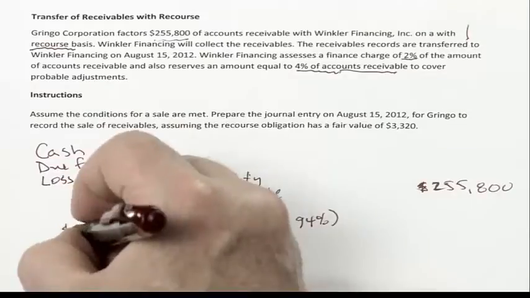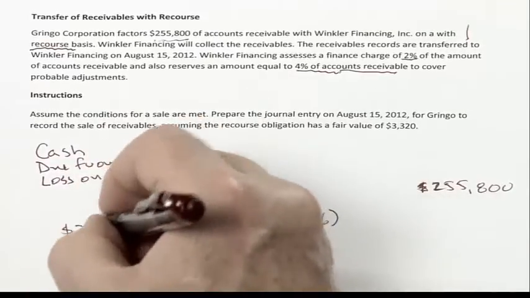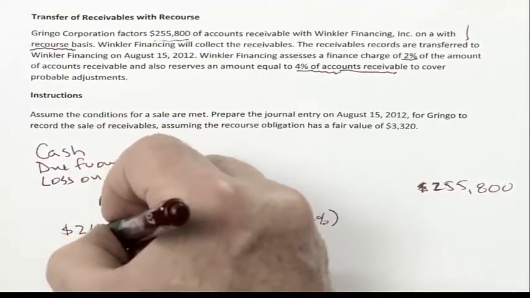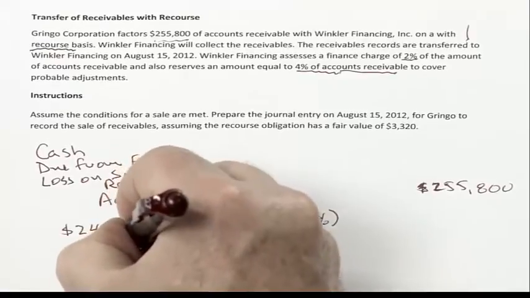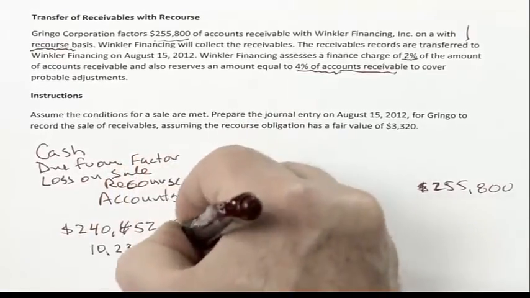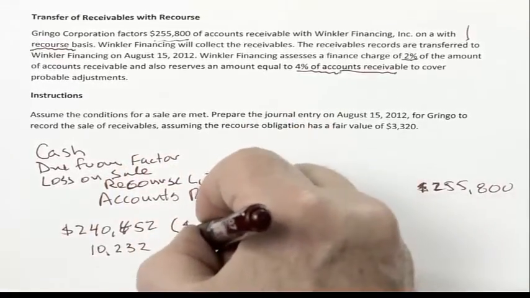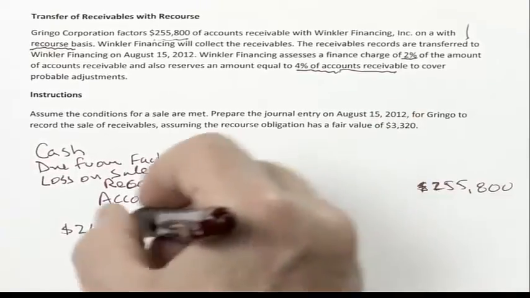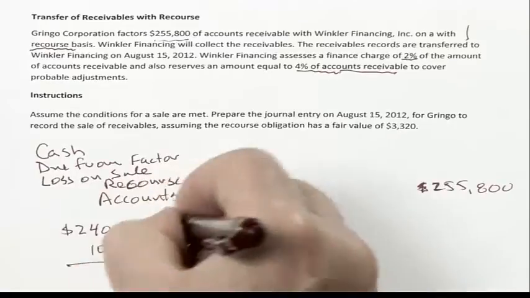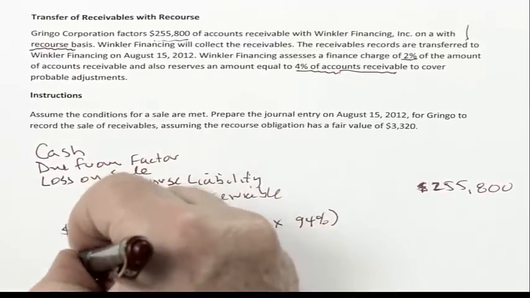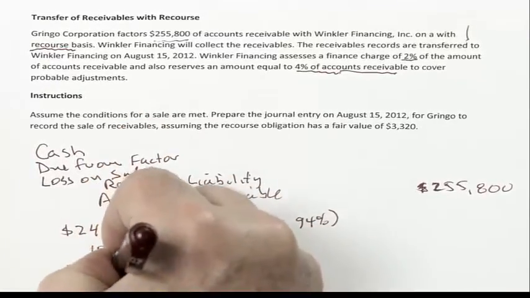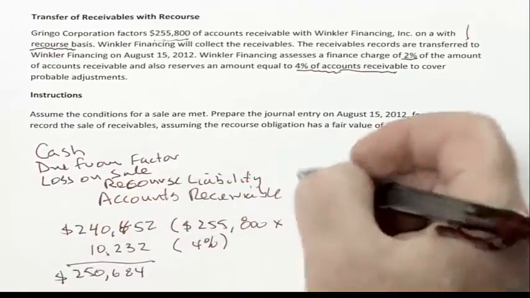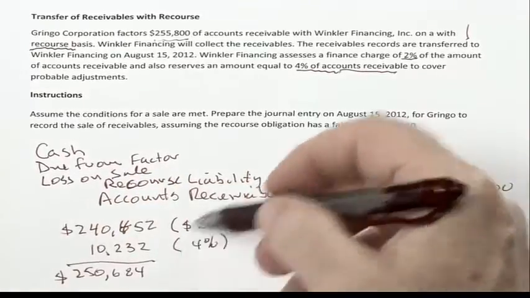The due from factor is an additional asset, and that's 10,232, again 4% of the 255,800. And so the net proceeds are 250,684. Okay, so that's our net proceeds.